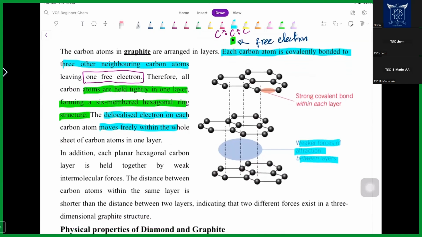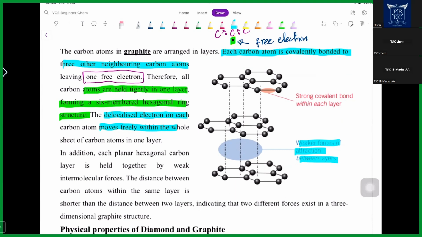The distance between carbon atoms within the same layer is shorter than the distance between the 2 layers. So there are 2 different forces: between the layers it is weak, so they can slide over each other, but within the layers it is very strong.